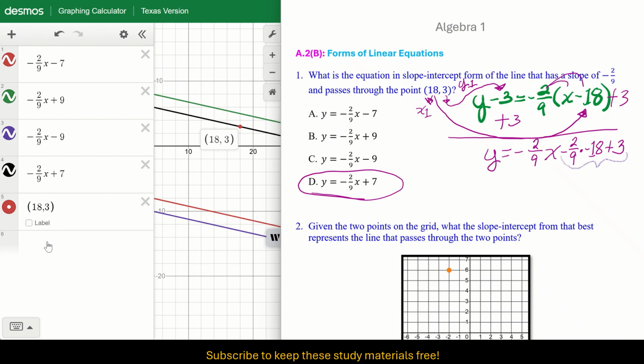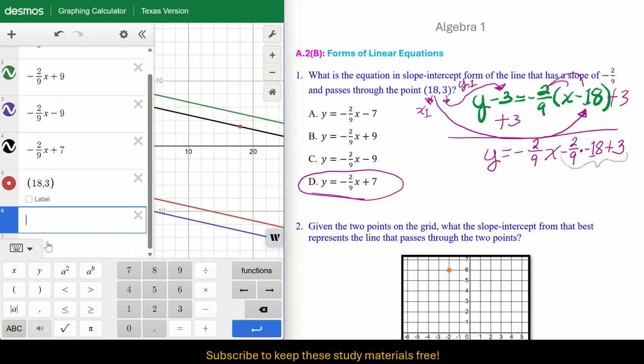And if you fast forwarded to get here and you missed the first part of the video or a prior video, then you didn't see me actually do this. So -2 divided by 9. Now remember, you have to arrow over and then times -18. Notice I'm using the minus.